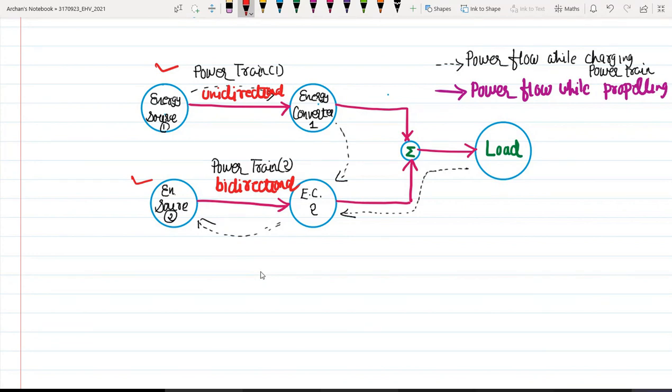If you are going downhill or the vehicle is at standstill, whatever energy is there from powertrain 1 can be utilized to charge the batteries of powertrain 2. In this way it will work.